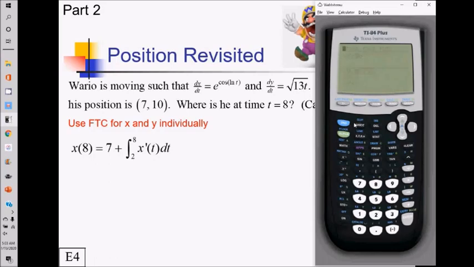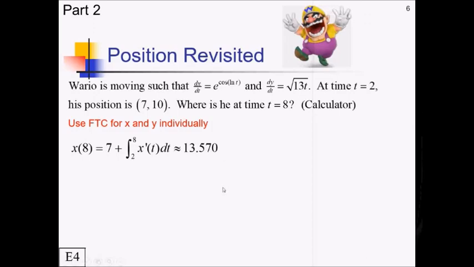First I need to do 7 plus, and then math 9, integral from 2 to 8 of, and I've stored x prime as y1, so alpha trace y1, and then dx, all comes out to about 13.5697, so we'll call that 13.570.